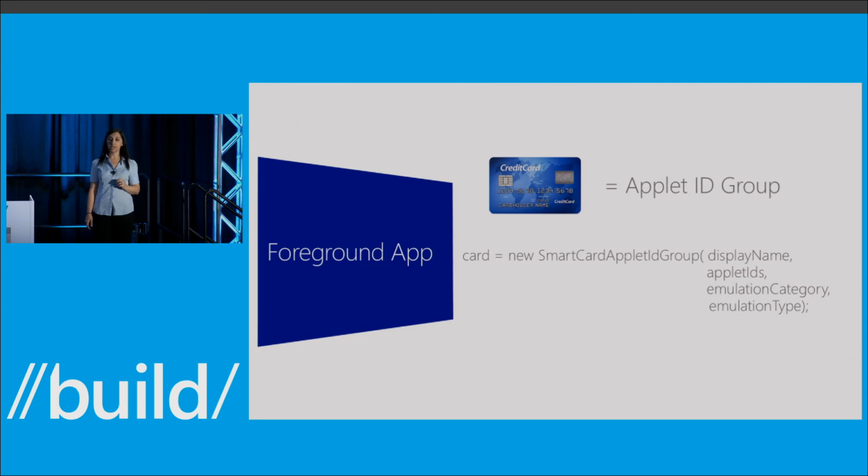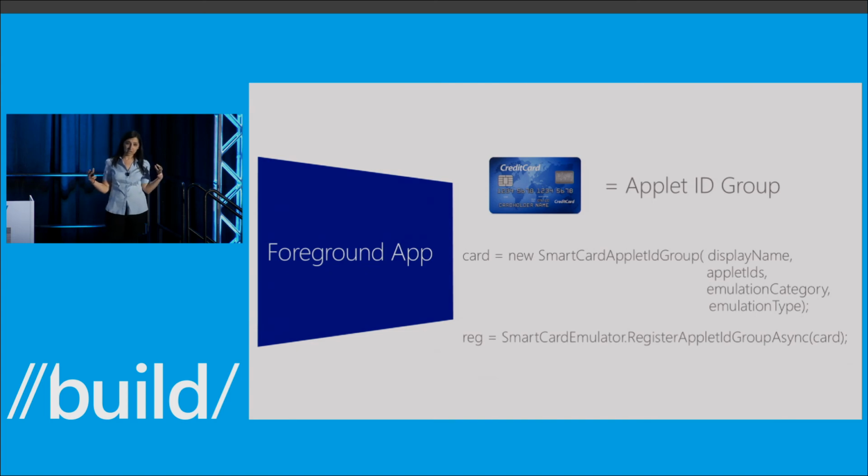An emulation category: we have 2 different emulation categories, payment and non-payment, which is called other in the system. And the emulation type, as explained, in Windows 10, we support both host card emulation and SIM-based emulation, which is UICC.